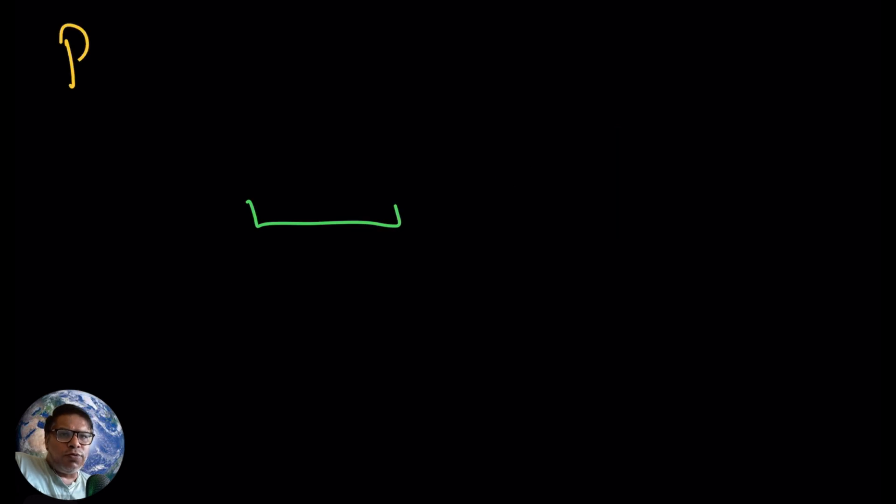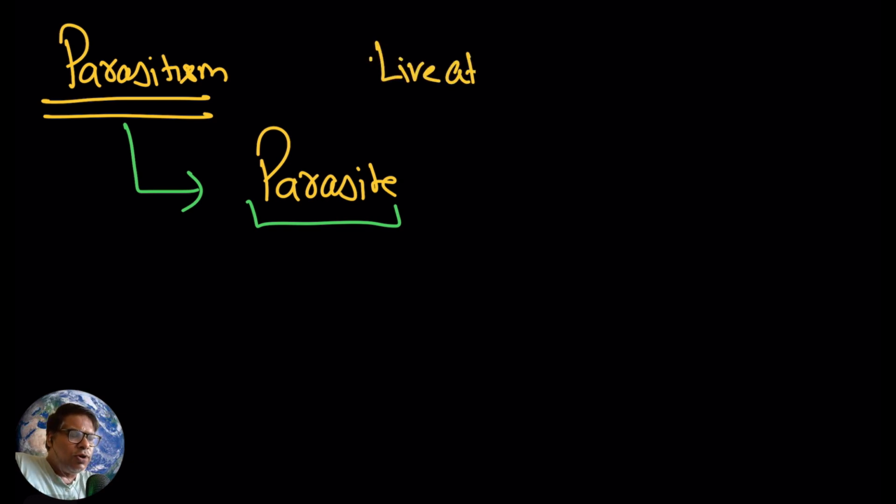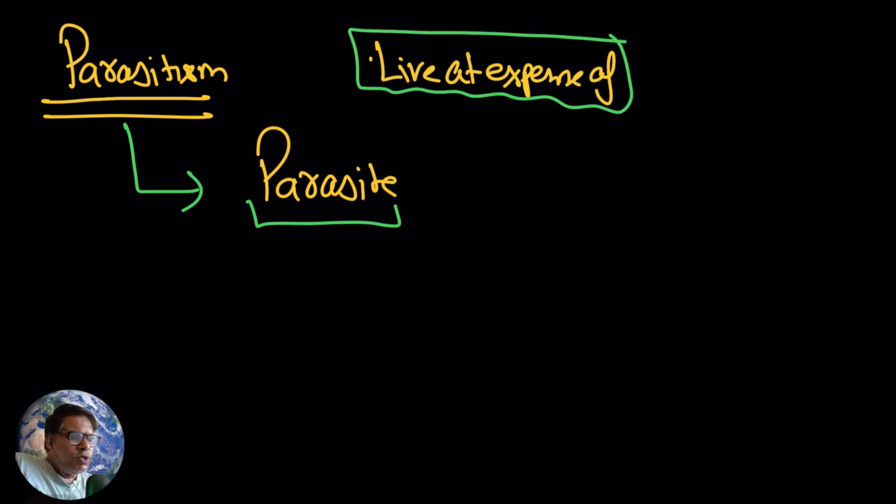Now let us proceed further and discuss about parasitism. Okay, so here in the case of parasitism, the parasites are actually the organisms which depend on another organism for their survival. So here keep in mind, the parasites generally live at the expense of host.